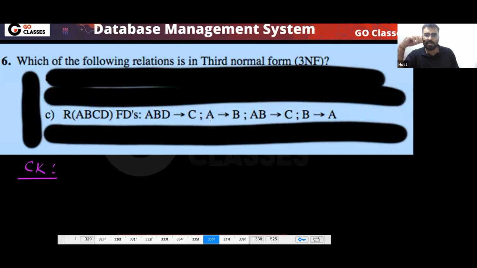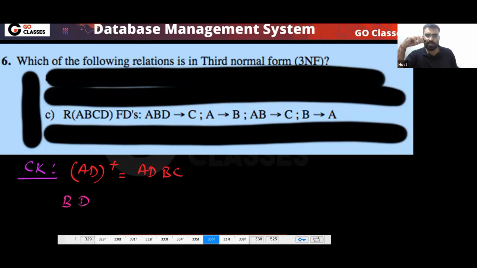Tell me, what is the candidate key? A, B. So basically D must be there, but D alone is not enough. What about AD? A can bring B, so ABD. Okay, so AD, that is fine. AD is there. What else?